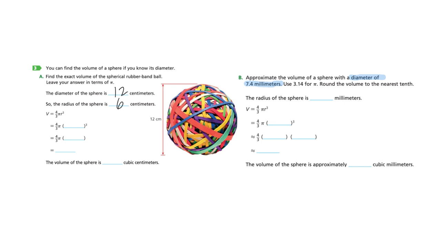So just go ahead and finish that one by filling in the blanks with the correct numbers and get your answer here. And again, on this one, they're telling you the diameter, not the radius. So if the diameter is 7.4, just divide by 2 and you'll have your answer here. And then you can finish the rest of this problem on your own as well. This is the last problem for this lesson, so I'll see you in the next lesson.